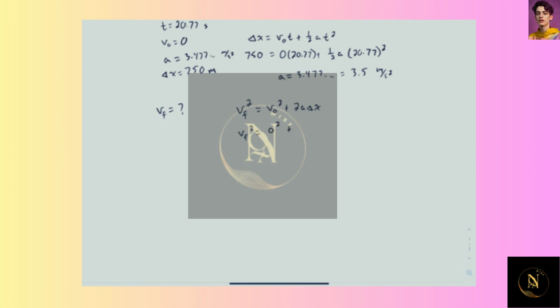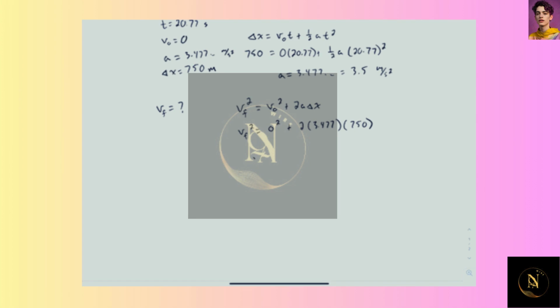That's going to make this pretty easy. 2 times 3.477-ish and 750. And from this, we get our final velocity rounded to 72.2 meters per second. And that's the velocity when the police car catches up to the speeding car.